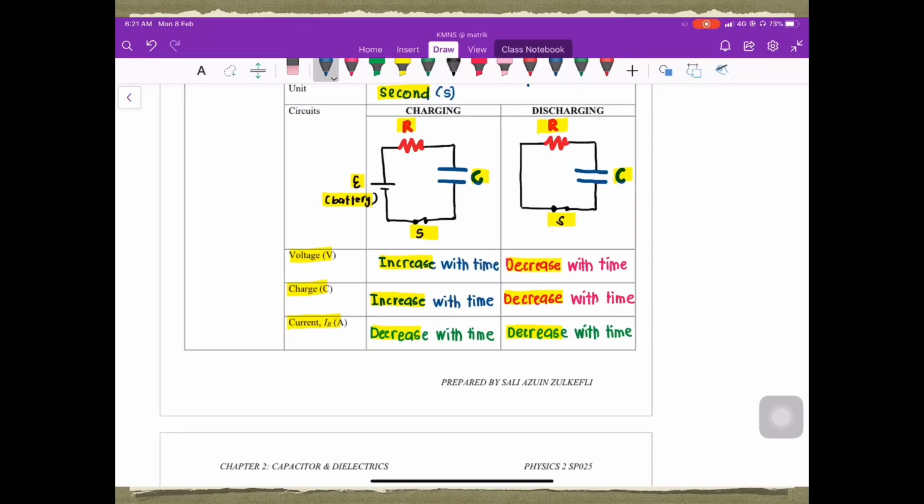from two different diagrams, look at the charging one has a battery. So the battery here shows the charging process, and without the battery here shows the discharging process. Now, during discharging and charging, look at what happens to the voltage across the capacitor here.